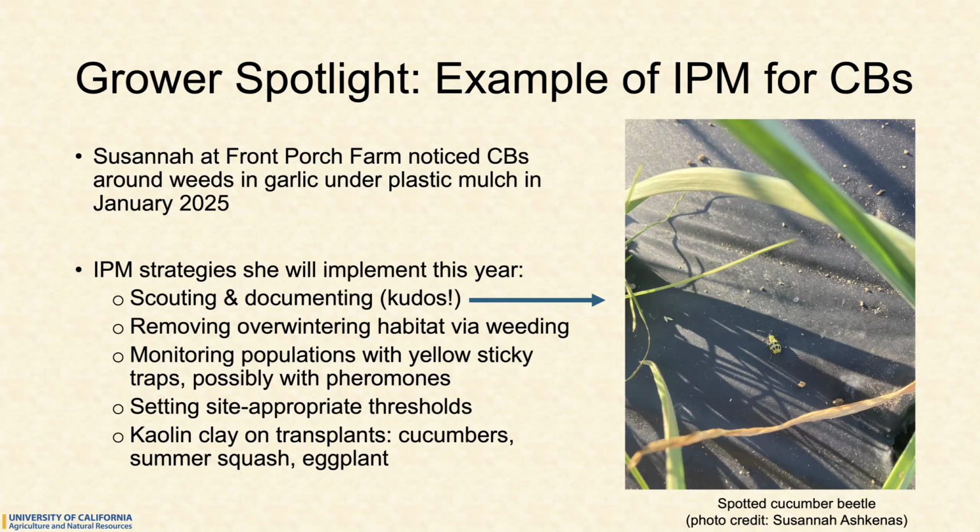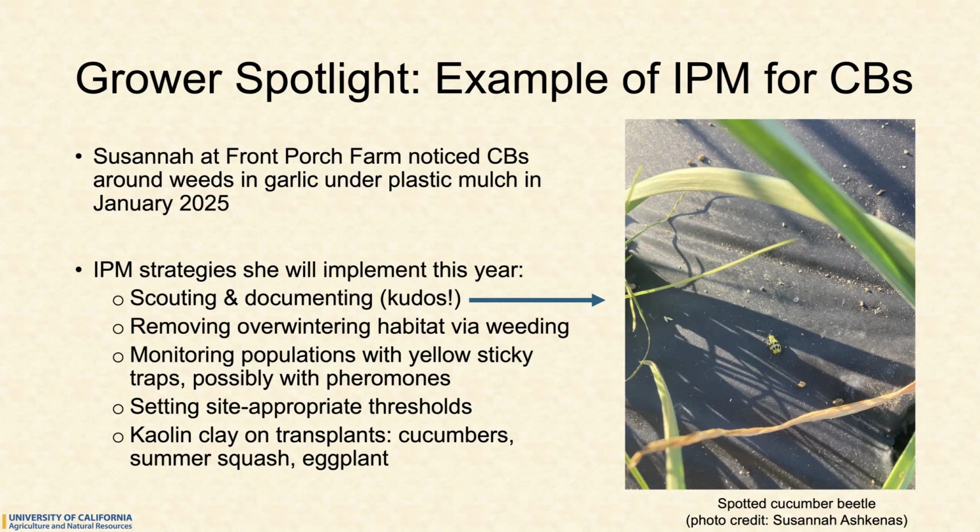She said she's going to set some thresholds that are appropriate for their farm and their site. And she mentioned that she might try kaolin clay on transplants, so giving cucumber, summer squash, eggplant that nice protective barrier. Again, that's just clay and water, and it's pretty innocuous, but for bugs and for cucumber beetles, it's going to gum up their antenna and kind of disorient them.